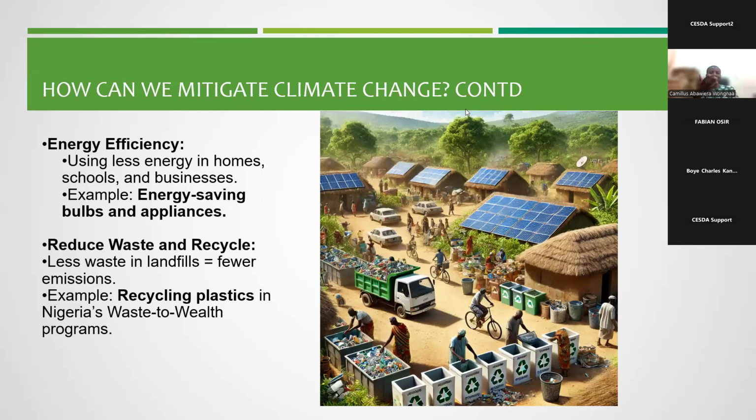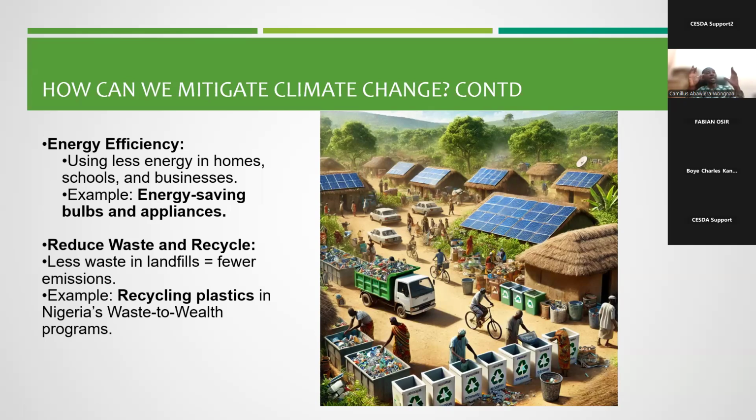And sometimes I ask myself, will you do that in your own home where you are paying the bills? So when you are using less energy, you are also contributing to mitigating climate change.